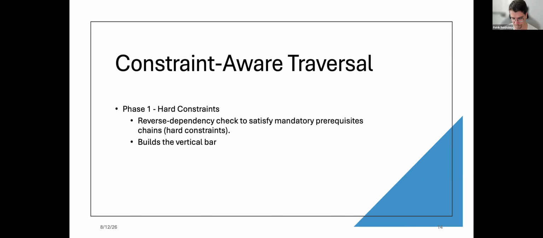So if any identified centroid has some hard prerequisites that need to be fulfilled, we go through the prerequisite chain and pick all these courses so the student can take this centroid course, right? This mostly should build the vertical bar of the deep knowledge.